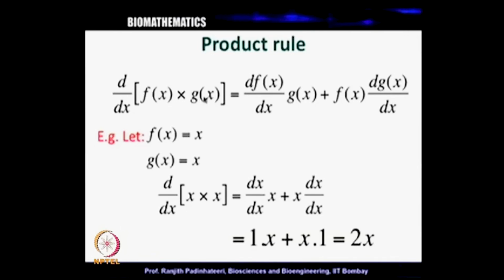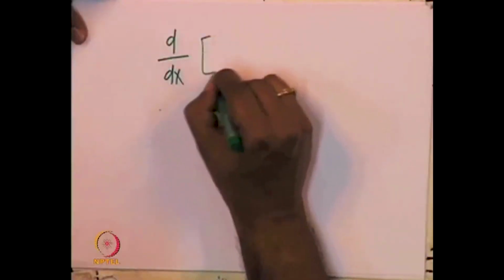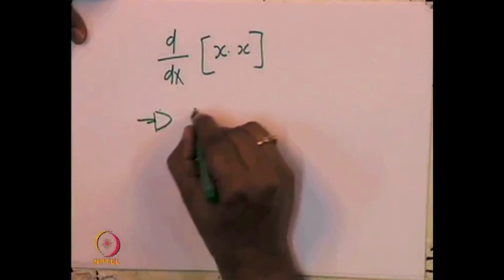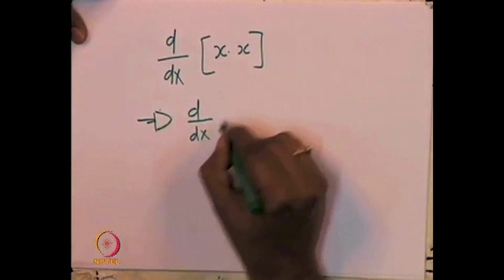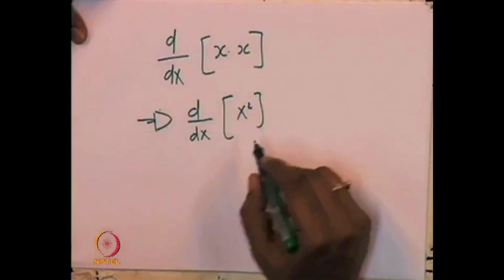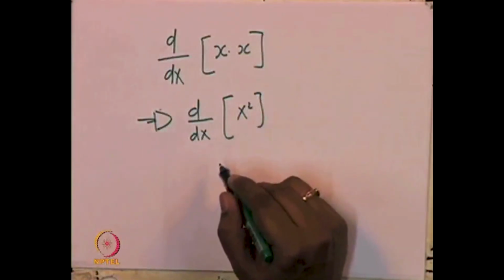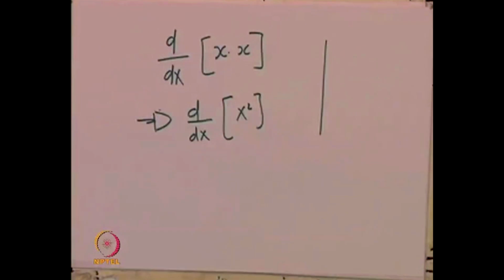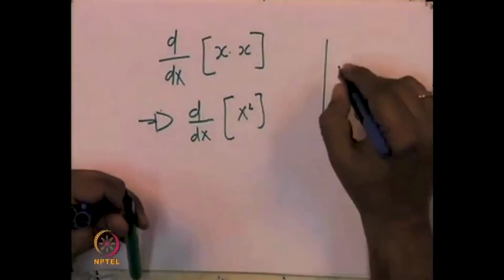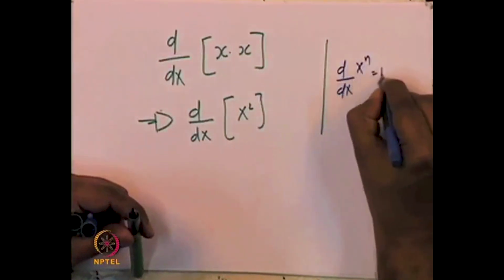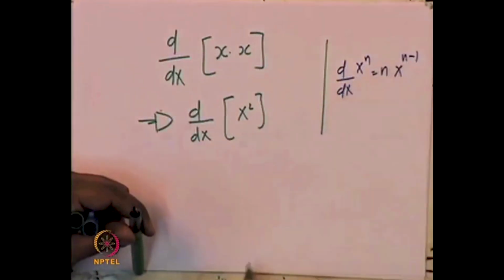So, we are going to calculate d by dx of x times x, which is nothing but d by dx of x square. From the last time, we had the rule that d by dx of x power n is n x power n minus 1.